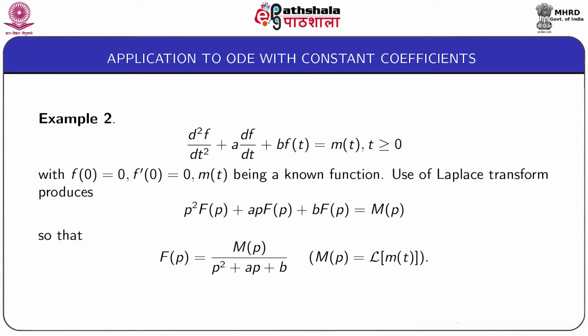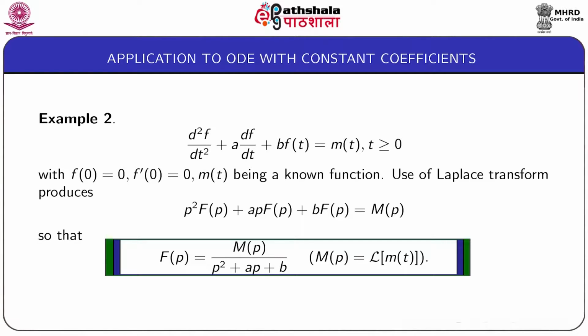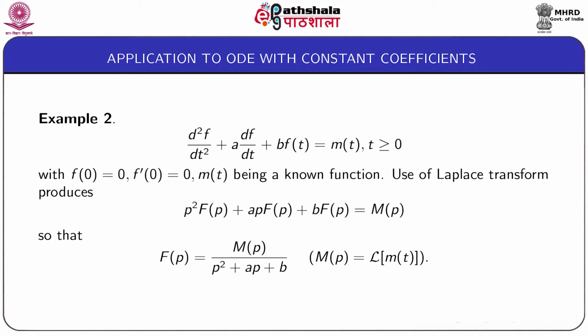Here capital M(p) is the Laplace transform of small m(t) and capital F(p) is the Laplace transform of small f(t). Hence, from this equation we obtain F(p) as M(p) divided by p square plus ap plus b.